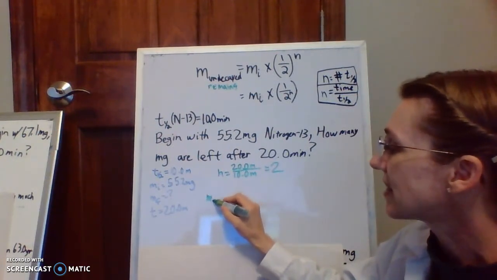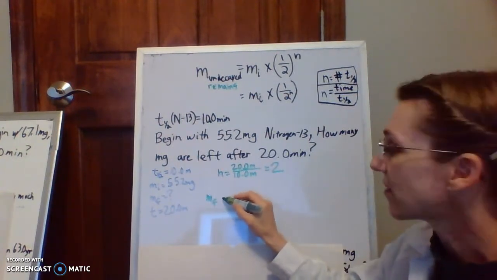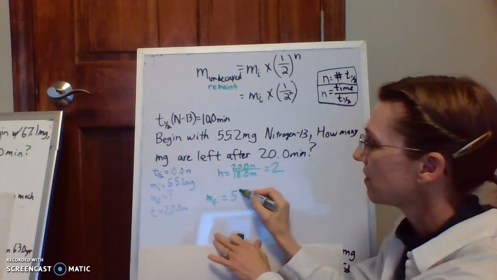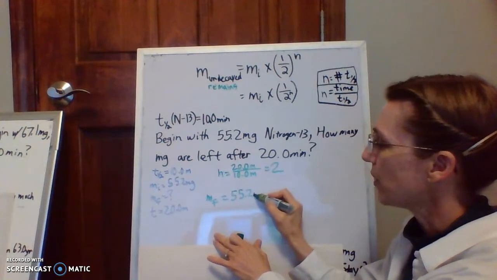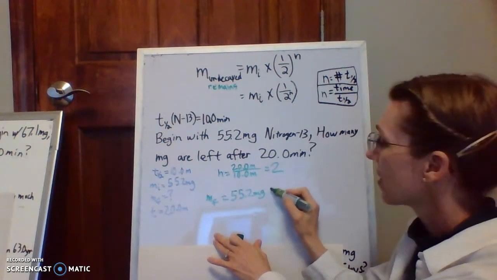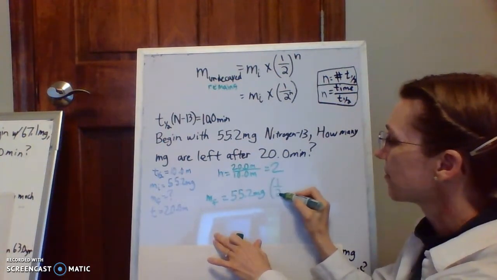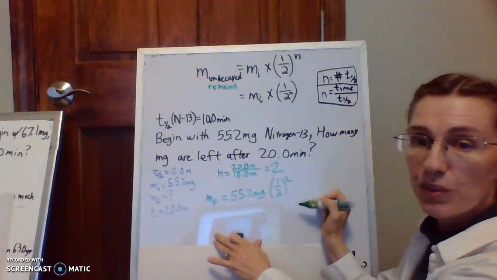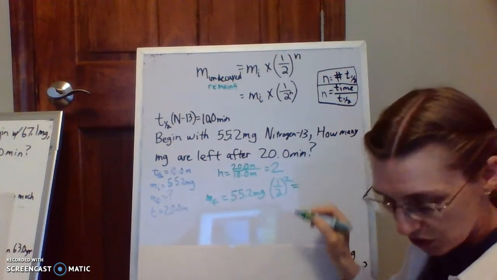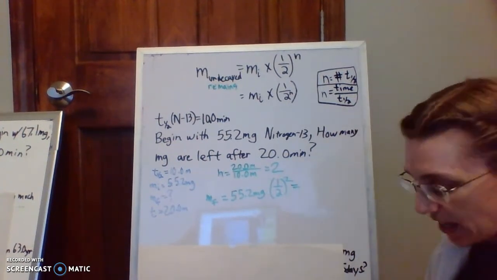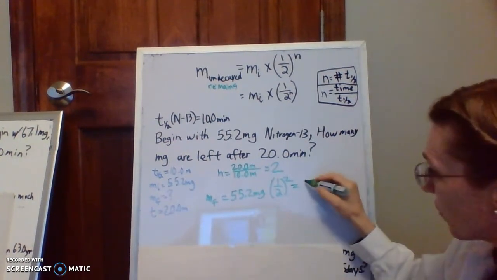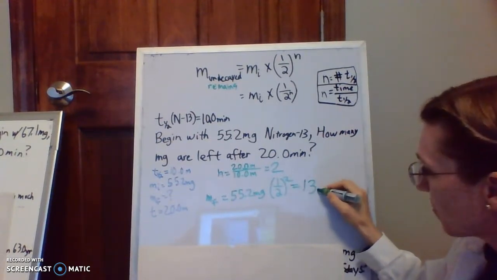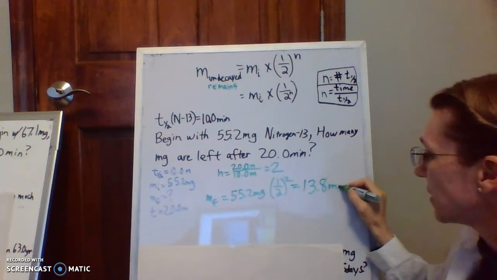Now our mass that is still radioactive, our mass final, is going to equal our initial mass, 55.2 milligrams, times 1/2 raised to the nth power, where n is 2. I do suggest you type these into your calculator to make sure you're doing the power right. But our answer should be 13.8 milligrams.